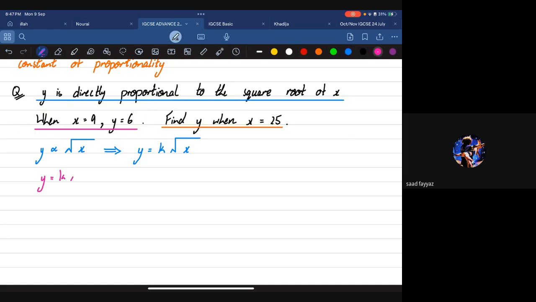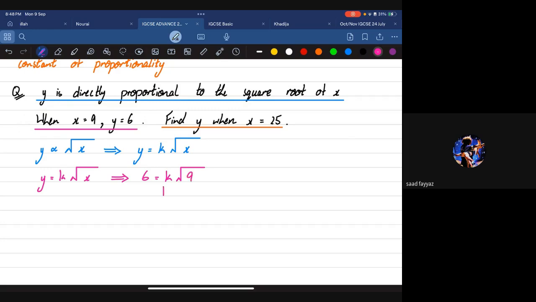I'm just going to substitute the values that are given to me. So y is equal to 6 when x is equal to 9.